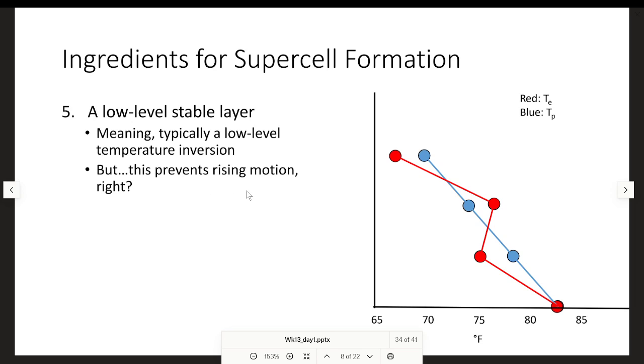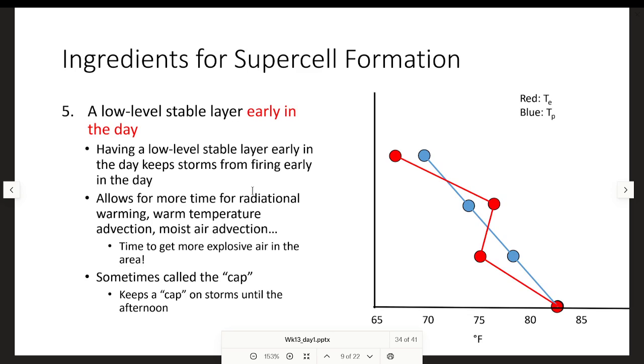So yeah, it does prevent rising motion at first, but you need this stable layer earlier on in the day. It prevents these storms from firing too early, and it allows for more time for the surface to warm from the sun.